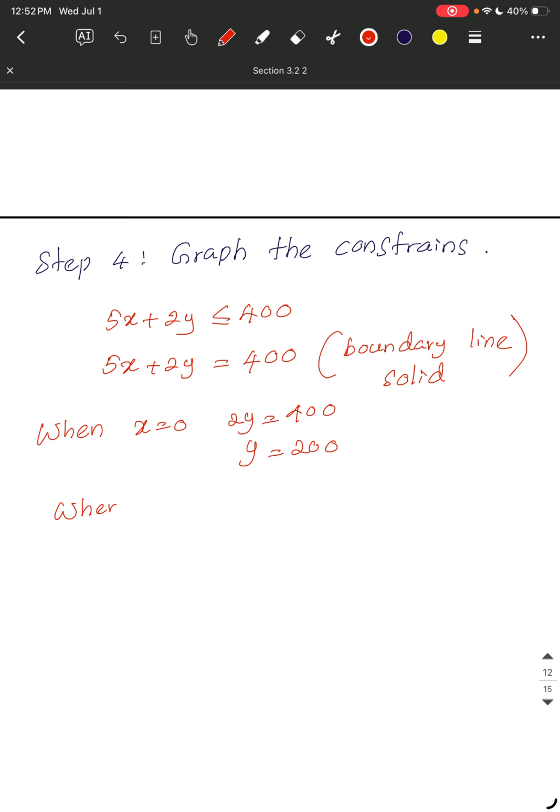When y equals 0, 5x equals 400, x equals 80. Right? So the points are 0, 200 and 80, 0. Okay, let's go through the second one.